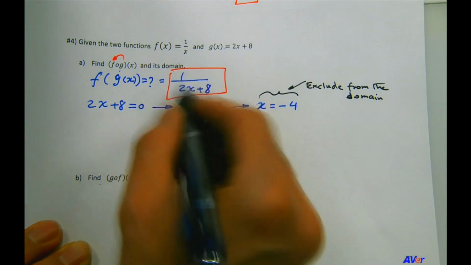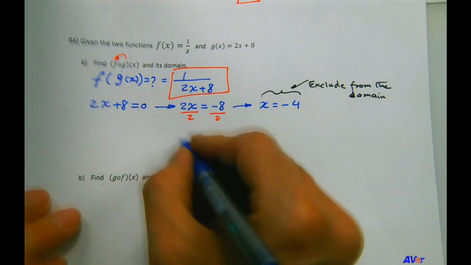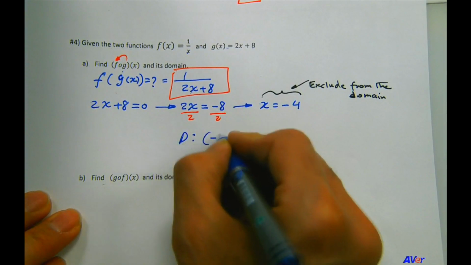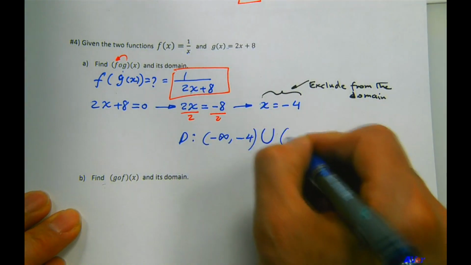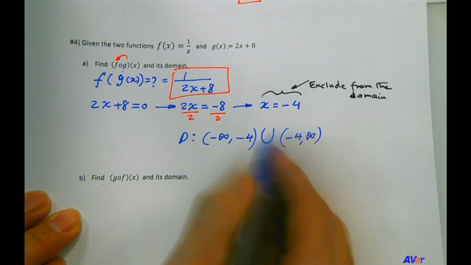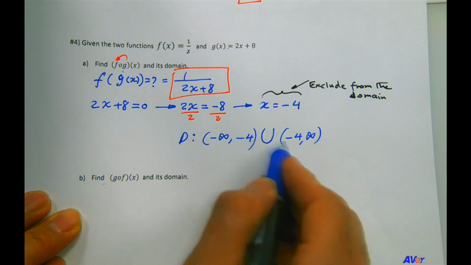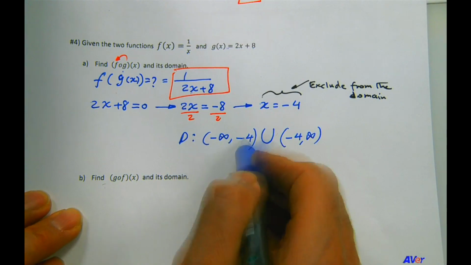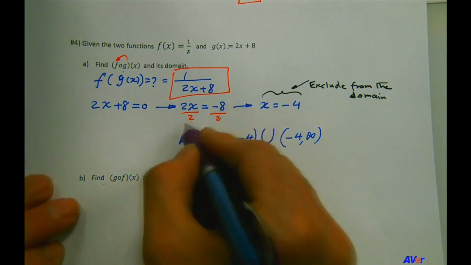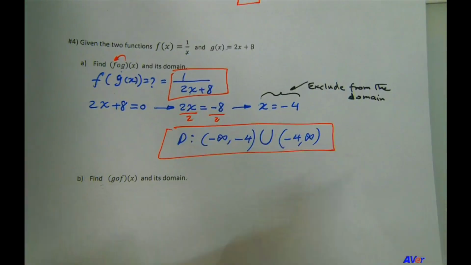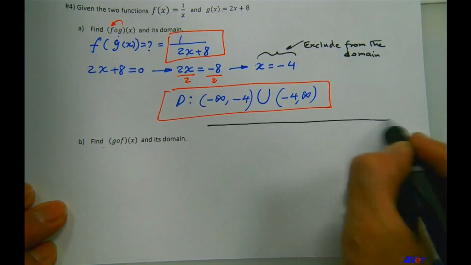So the domain of this composite function is negative infinity to negative 4 union negative 4 comma infinity. The parenthesis next to negative 4 guarantees that negative 4 is not going to be part of the domain. If you're wondering how we got the two pieces, it's really easy if you draw a diagram for yourself.